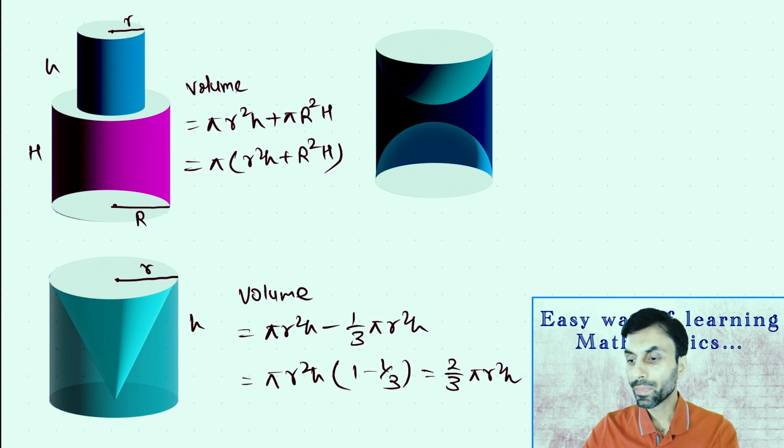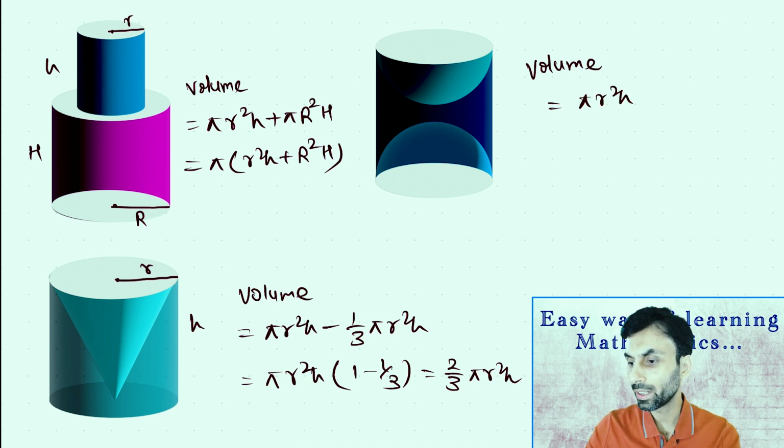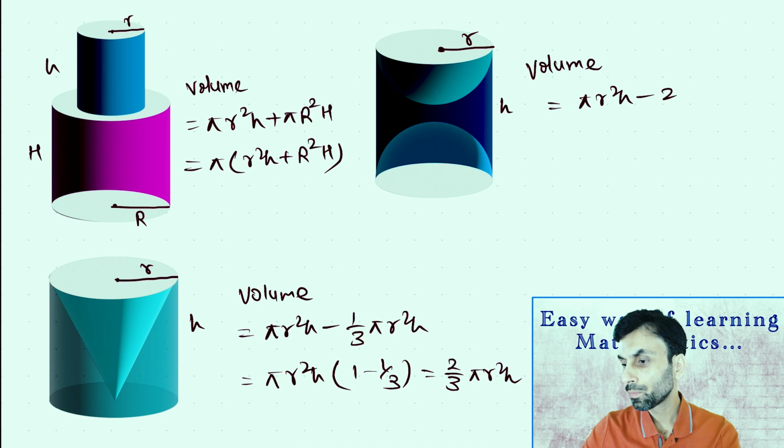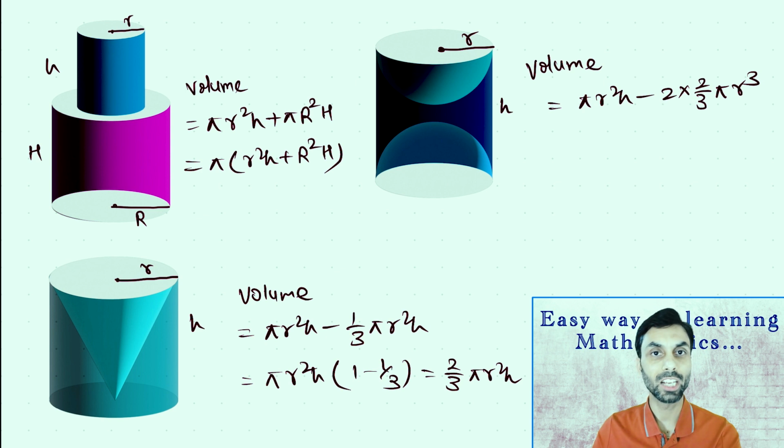The next case is where two hemispheres have been cut out from a cylinder. The volume of the remaining object will be equal to the volume of cylinder, pi r square h, where h is the height and r is the radius of the cylinder, which is also the radius of the hemisphere, minus 2 into 2 upon 3 pi r cube, as we have two hemispheres so we multiply by 2.